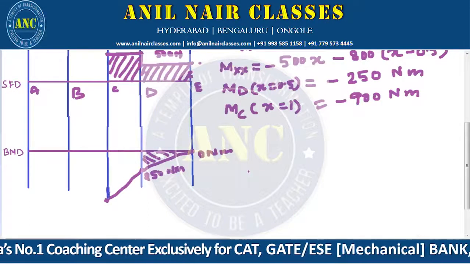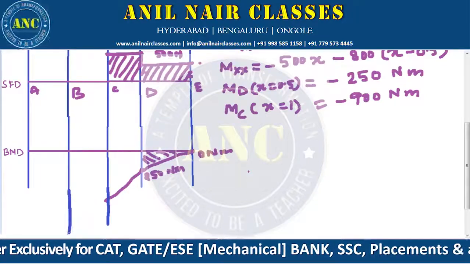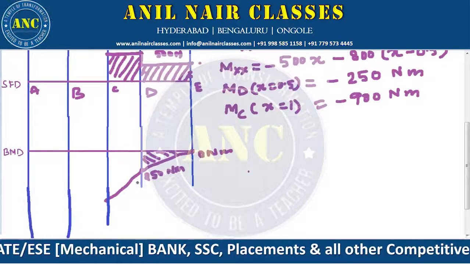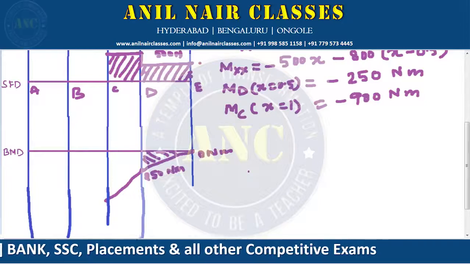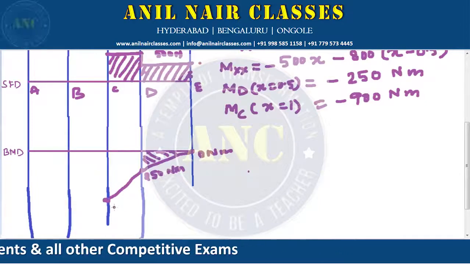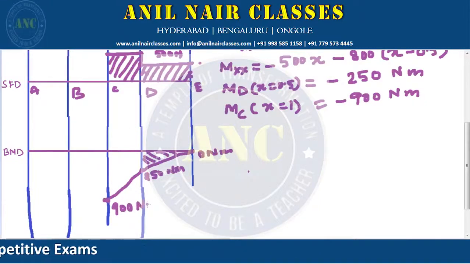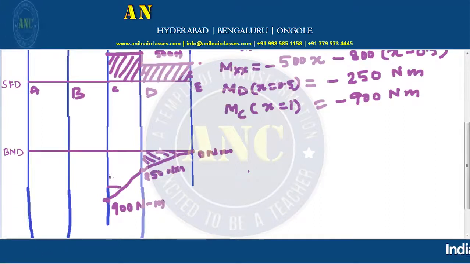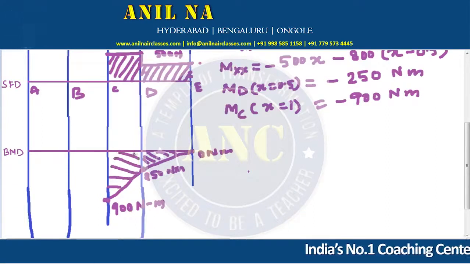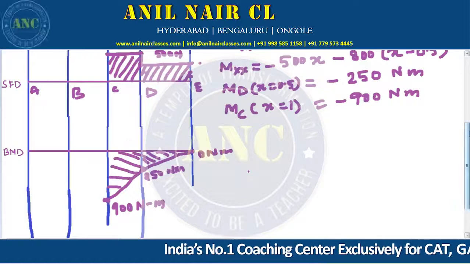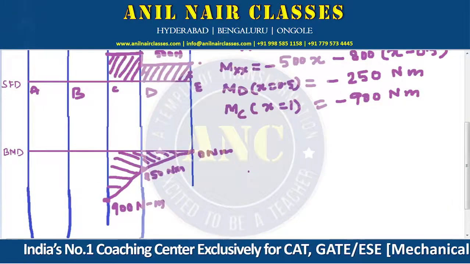Correct? So this is 900 Newton meter. Okay. So this is again shear force and bending moment for section CD.